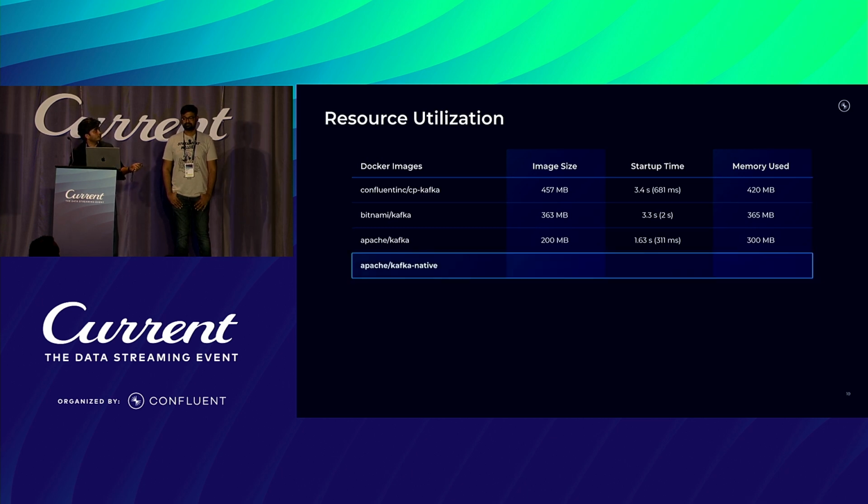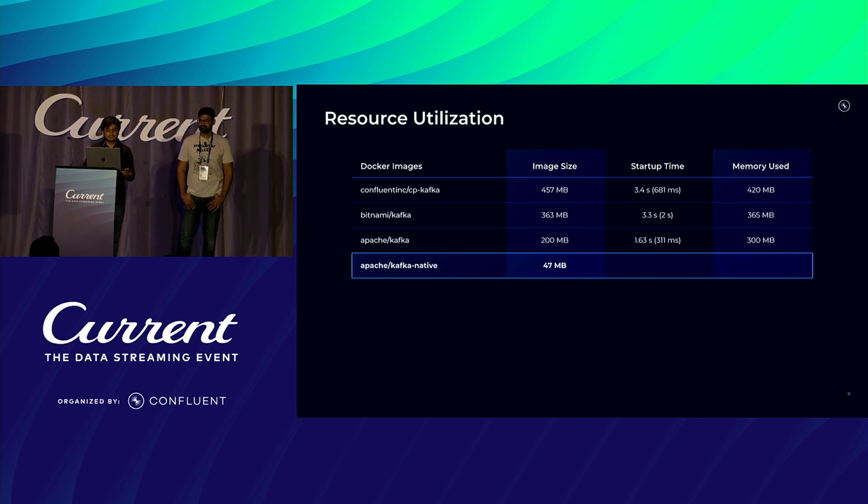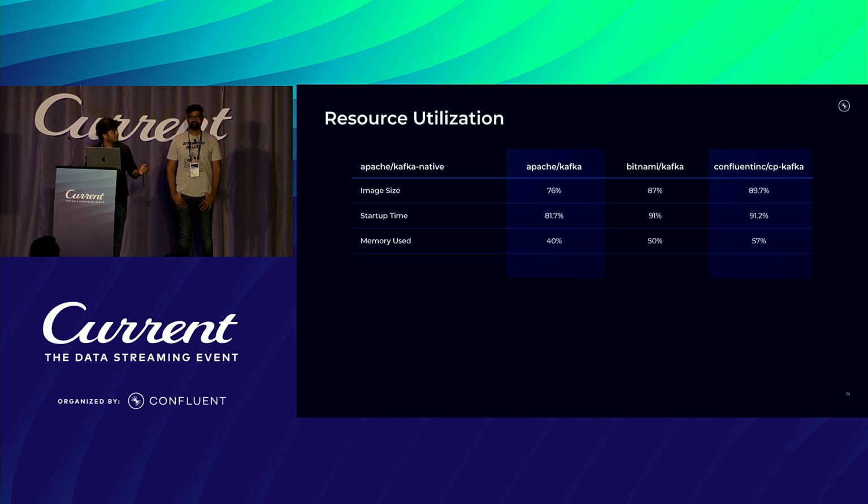Now let's look at the numbers of the Kafka native Docker image. The size of the image is only 47 MB. The startup time of the container is less than 300 milliseconds, and it takes only 120 milliseconds for the Kafka server to come up. And the memory used is 180 MB during the startup.